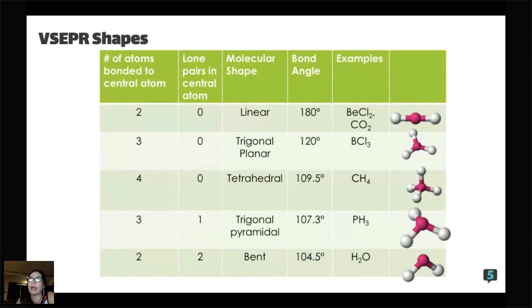So this will happen when it has 0 lone pairs on the central atom. So it makes sense, no? Because the vectors will cancel out if they're symmetrically distributed on the central atom. So non-polar, non-polar, non-polar, regardless of the difference of electronegativity.